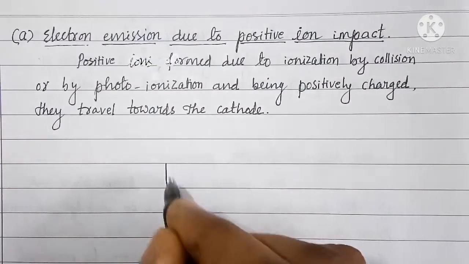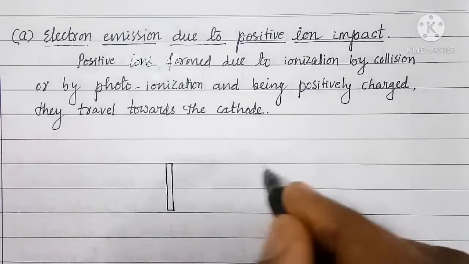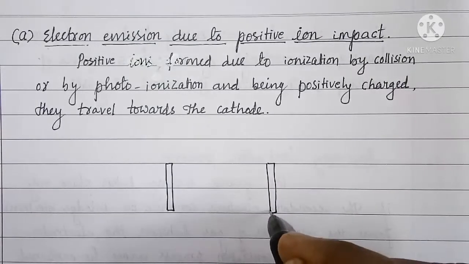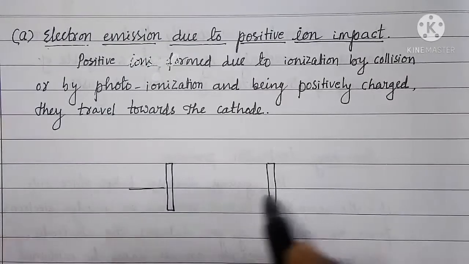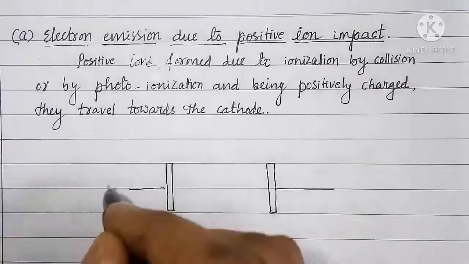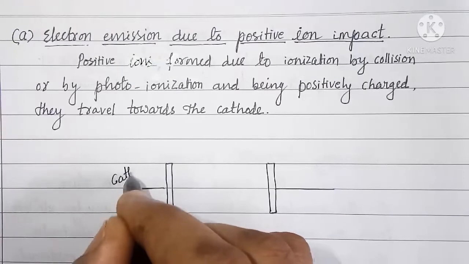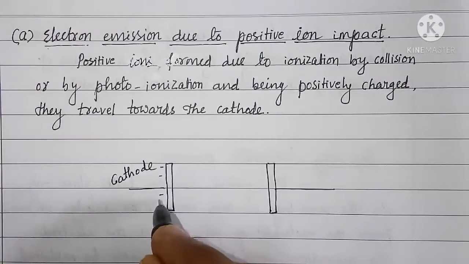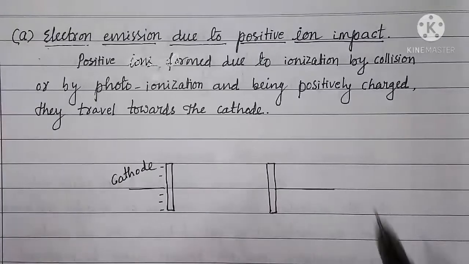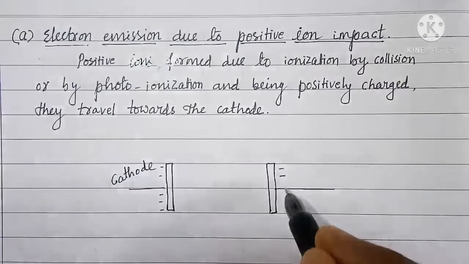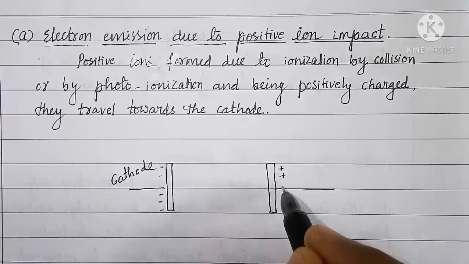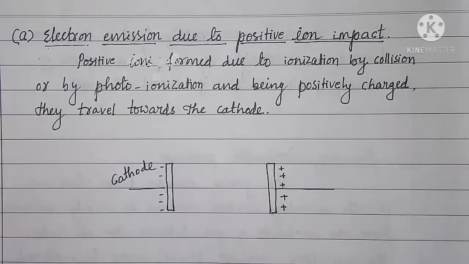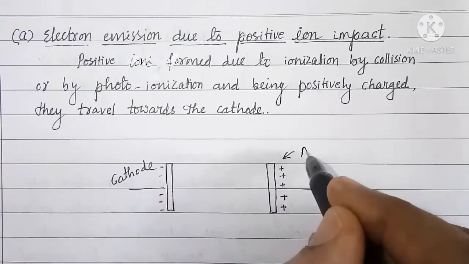That means if we are having here a cathode and anode arrangement as shown. Here I will not draw a complete figure, so assume that all the necessary components are there. Now this is the anode.